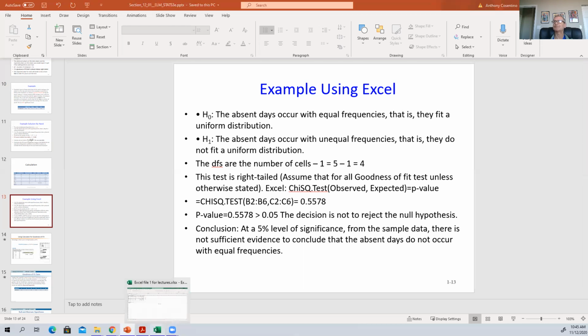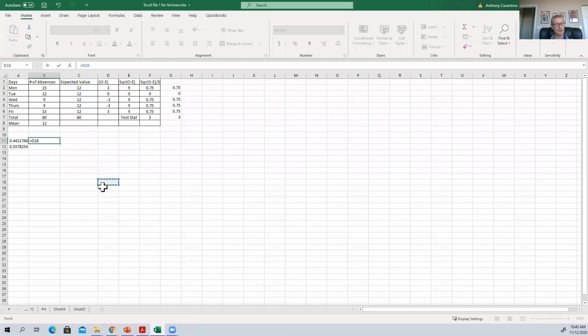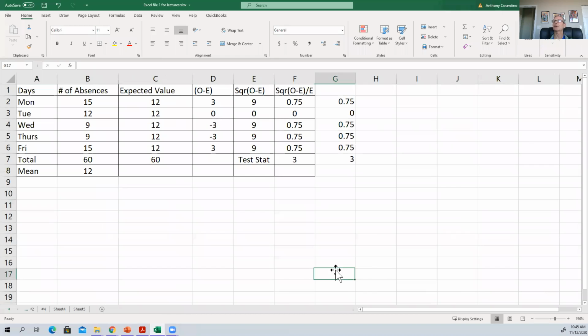So how do we do this? Let me make this a little bit bigger. There we go. As you can see, I also did the calculation by hand in the spreadsheet to make sure I did it right, and to reinforce that you can use a spreadsheet as a calculator, which is very helpful.